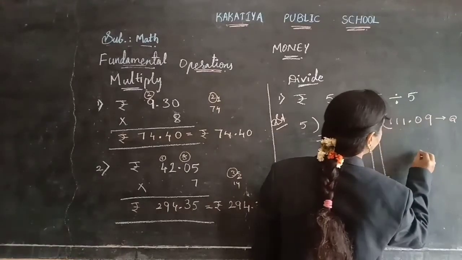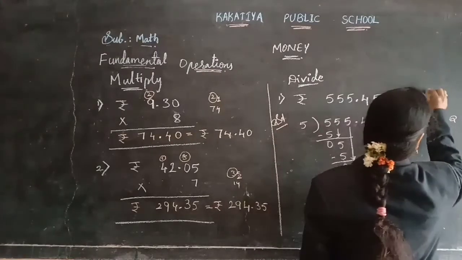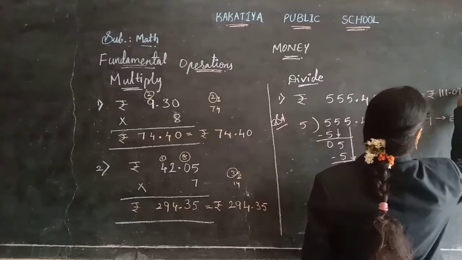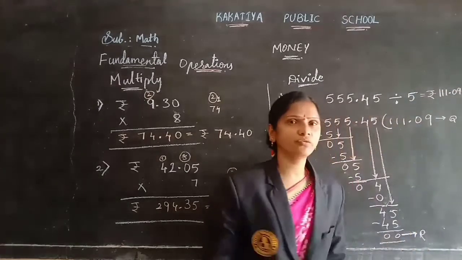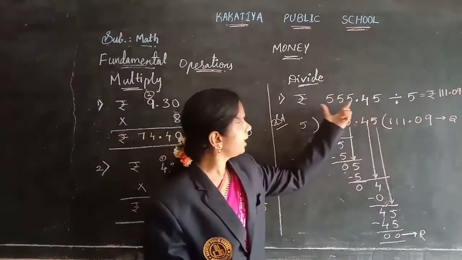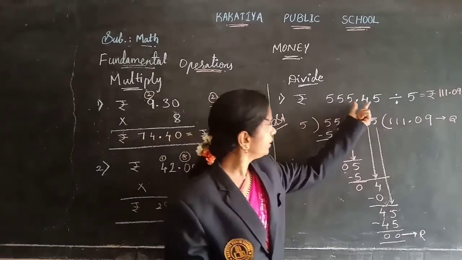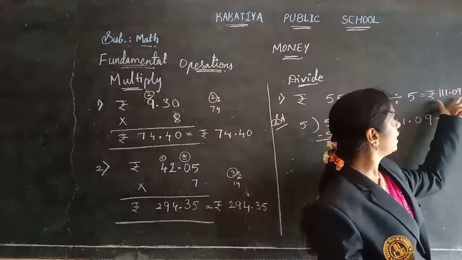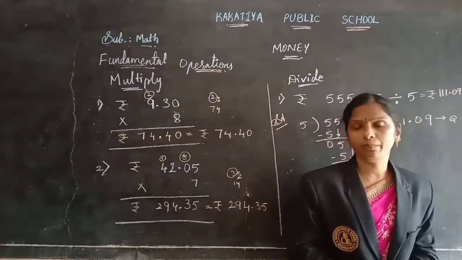So what will be the answer of this here? You can take here 111 rupees 09 paise. Okay. So the answer of the division of 555 rupees and 45 paise when you are dividing by 5 is 111 rupees 09 paise.